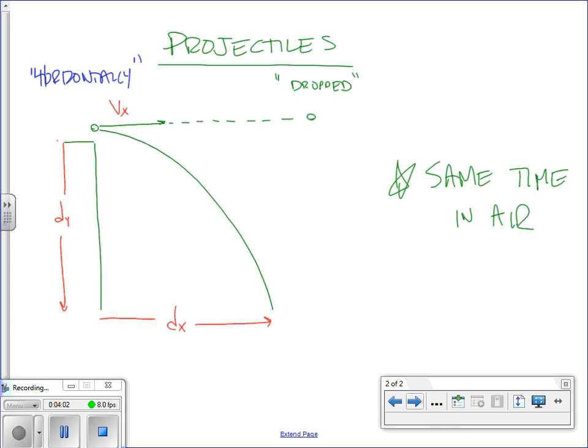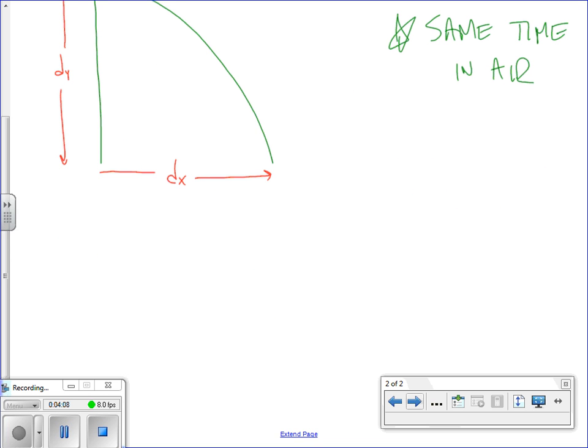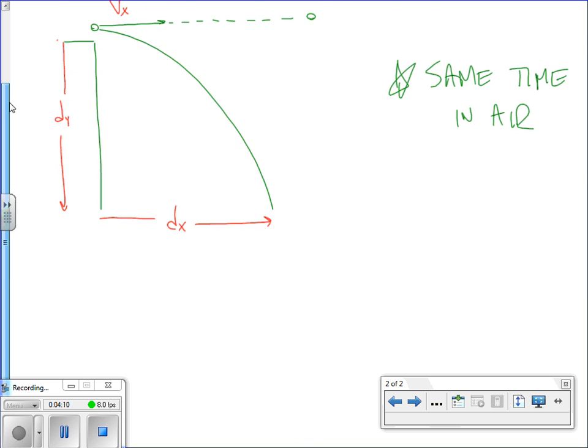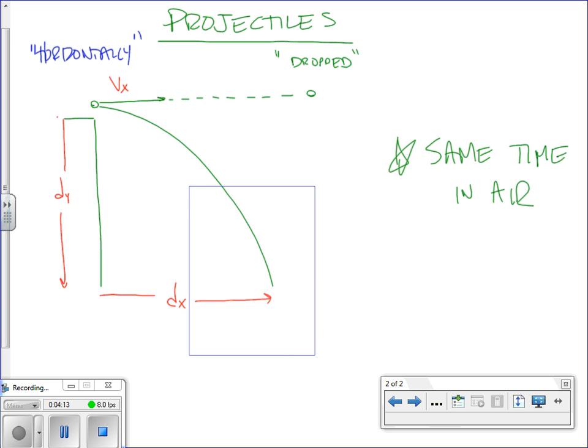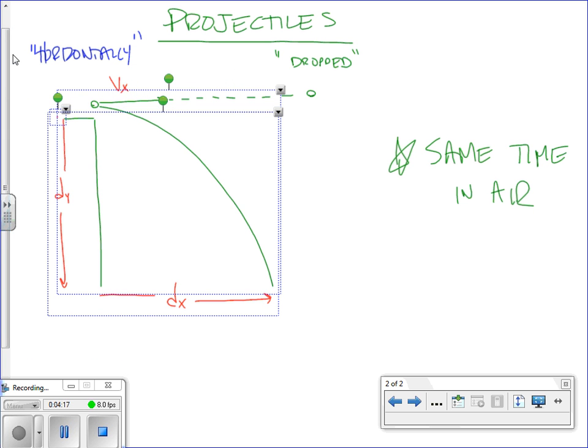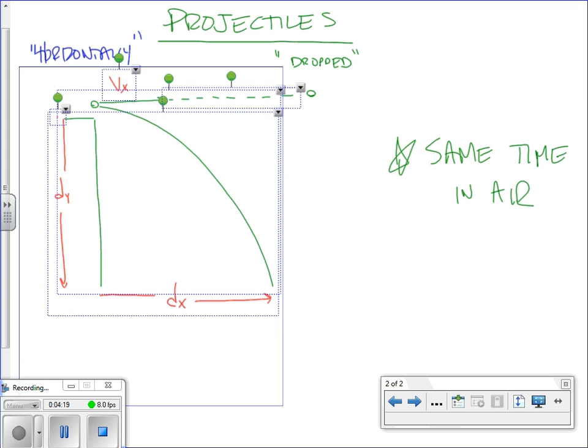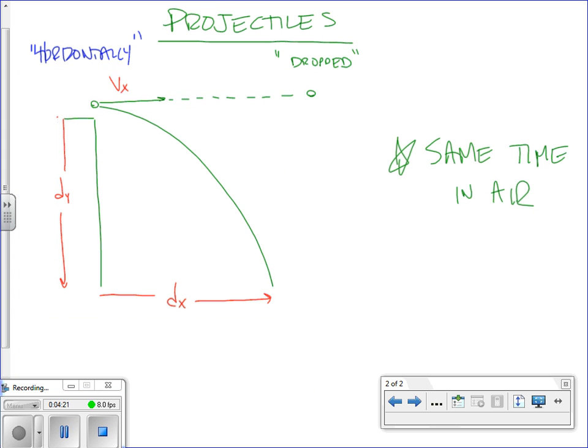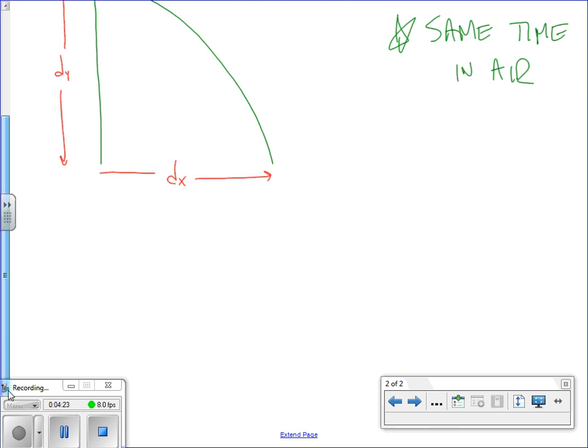And why is that? Well, because for the projectile one, here's what we would do.